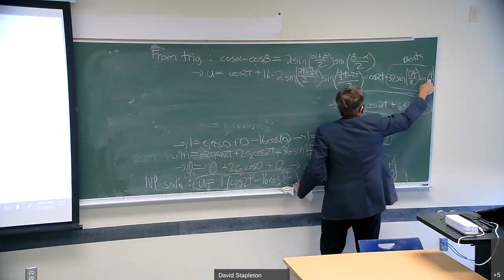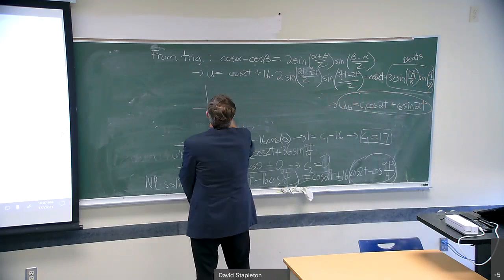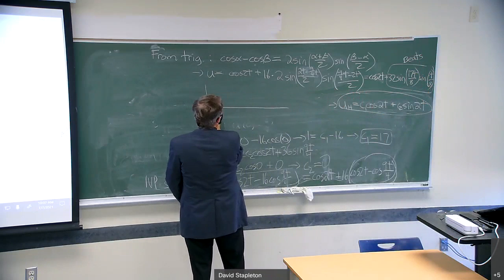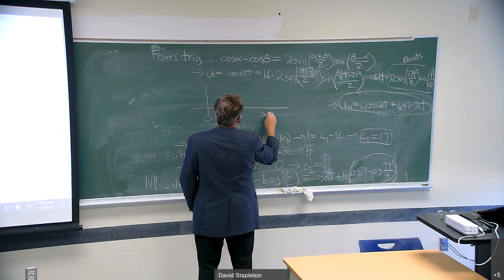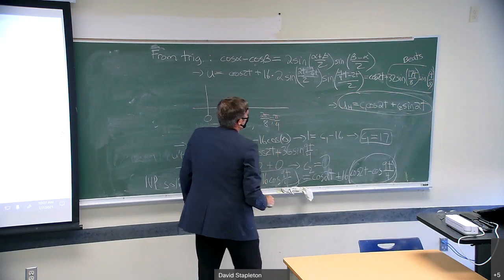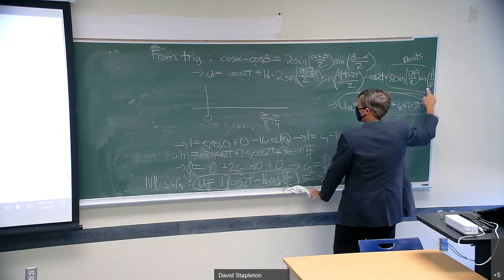The 1/8 frequency has period 2 pi over 8. So from 0 to 2 pi over 8 is pi over 4. This one completes one period. It's the lower frequency.